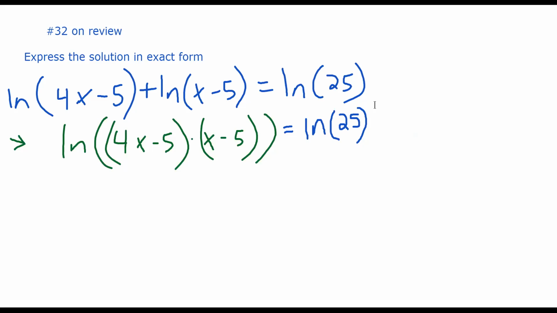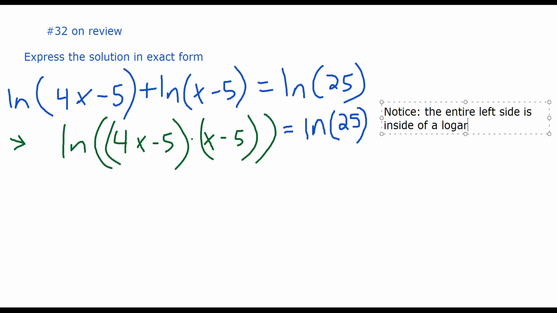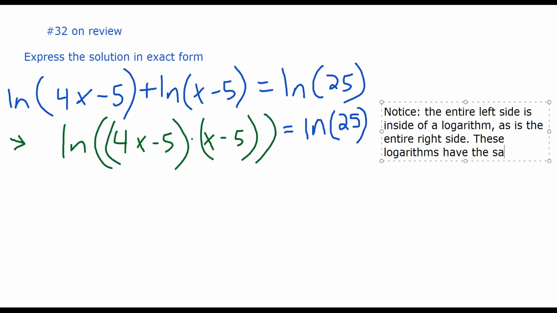So we've done a good first step here. Our next step: notice the entire left side is inside of a logarithm, as is the entire right side. These logarithms have the same base, so we can just equate their arguments.